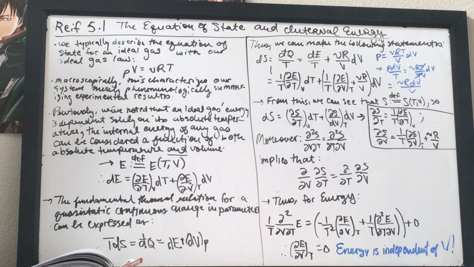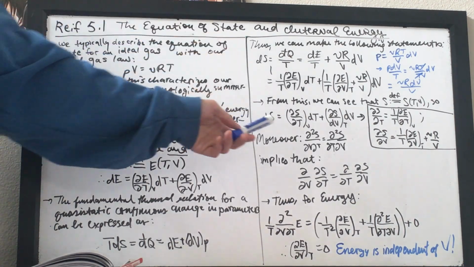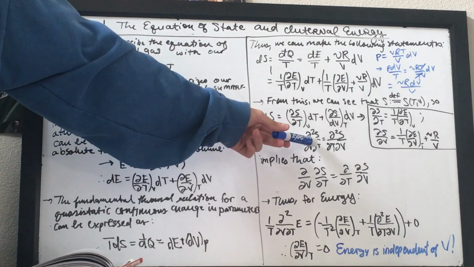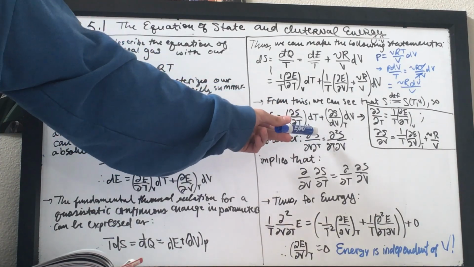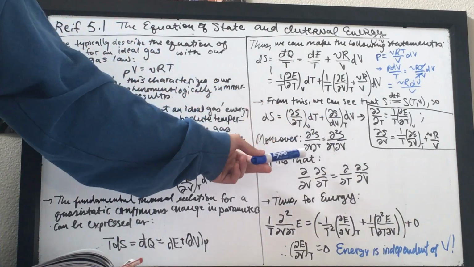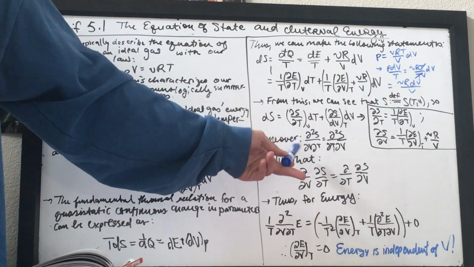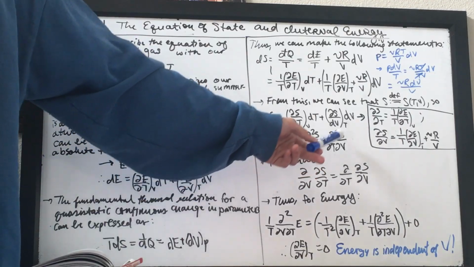Now we can actually begin playing around with some of the properties of our differentials. Something can represent a valid differential, I believe it's actually the definition of an exact differential, if the second derivative of our object of interest, this time being our entropy S, can be taken partially with respect to its two variables in either order.